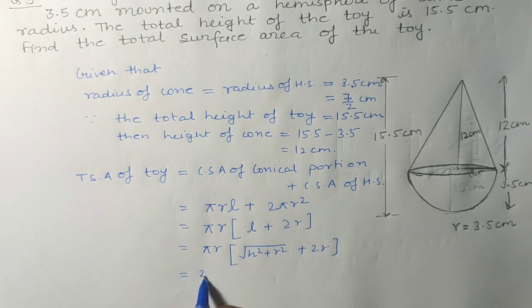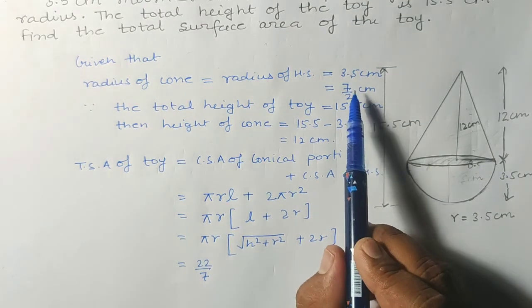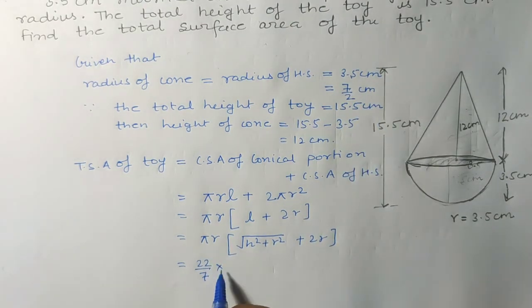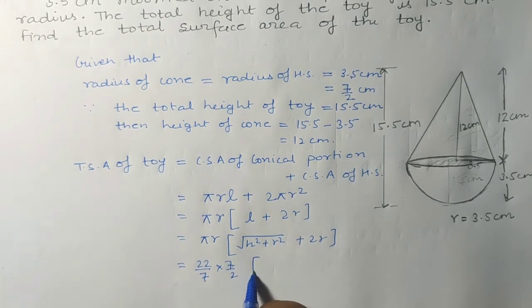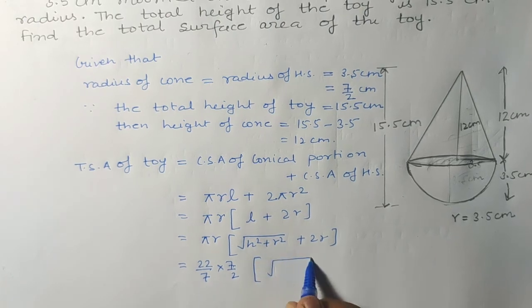Pi is what? 22 by 7. R is what? As I have told you, at the place of r, if you write 7 by 2, then this 7 and this 7 will be cancelled out. H is 12, the height of the cone.